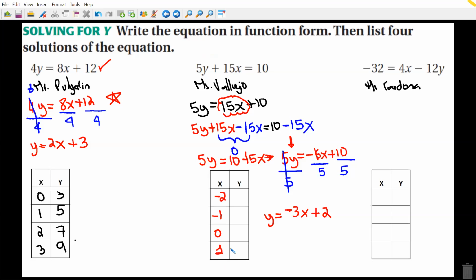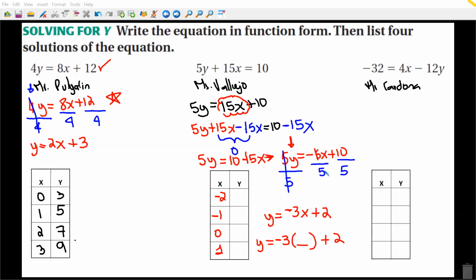Okay. So what happens if in this equation y is equal to -3 times something plus 2. Now this something is going to be -2, -1, 0, and 1. Right, Amelie? Yes.